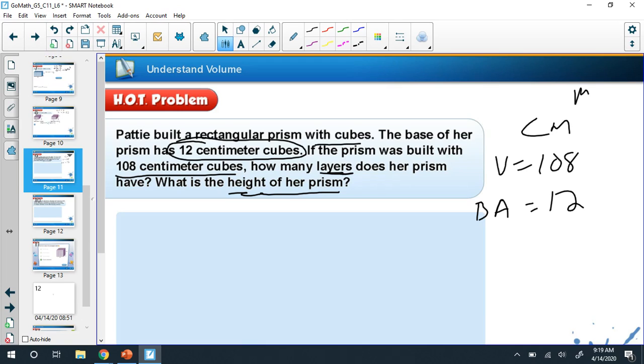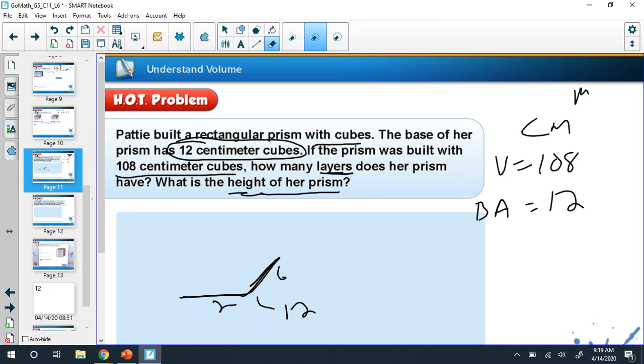So what that means then is that whatever this is down here at the bottom is going to equal 12. So it could be a 2 by 6, and that would be 12. It could be a 3 by 4, and that would be 12. So what we need to figure out is how tall is this prism that she built.